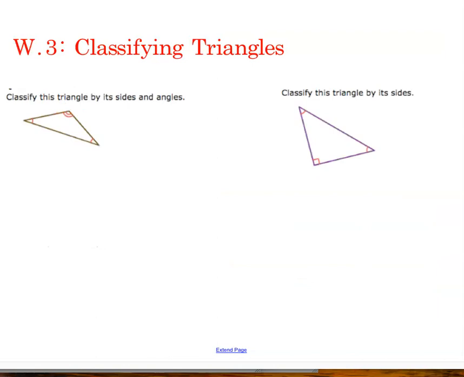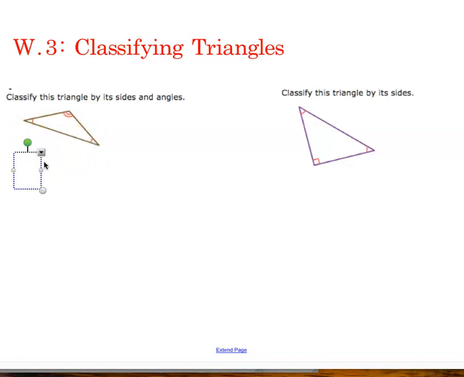W3 IXL was classifying triangles. So I am just going to review a few key components when classifying triangles. If you're not given the measures, you actually have to look at the symbols that are given. So in this case, if you look at the angles, you see two angles have the exact same number of arcs.